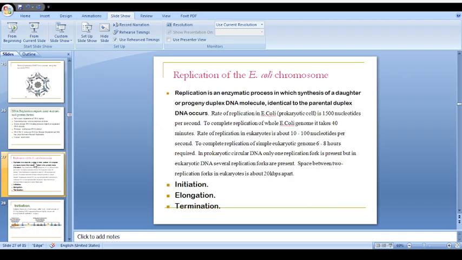How long does it take to complete replication in the eukaryotic system? The rate of replication in eukaryotes is 10 to 100 nucleotides per second. It's slower when compared to the prokaryotic system, and the complete replication process takes 6 to 8 hours.